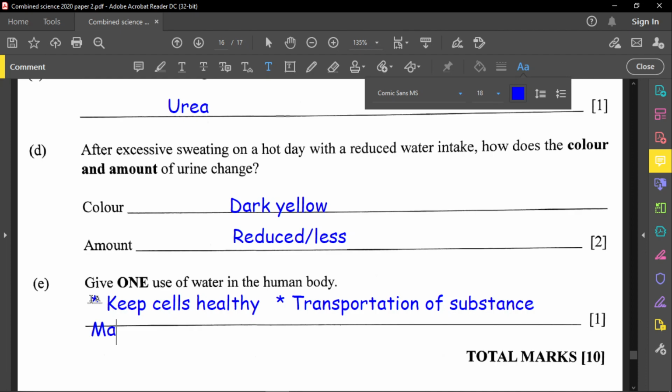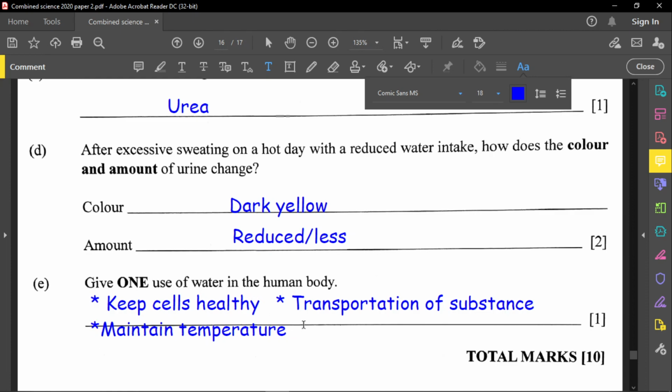Also, it maintains temperature, and even sweating is a form of maintaining temperature. So it helps regulate body temperature, very important, let's put a star right there.